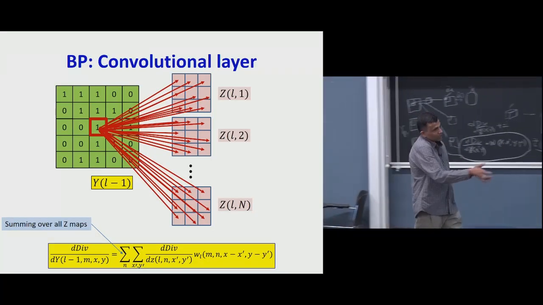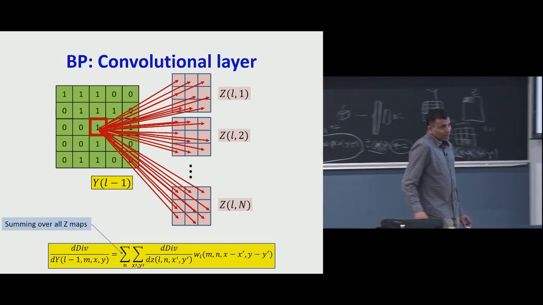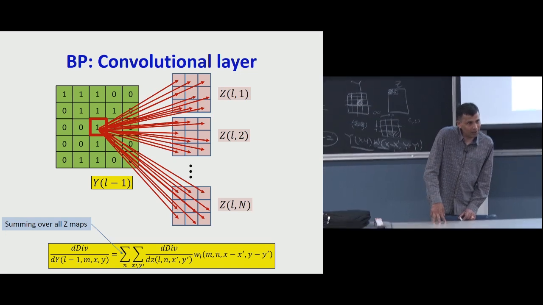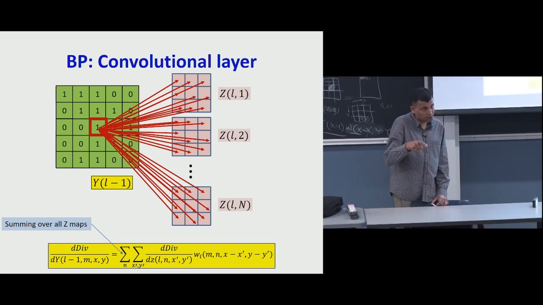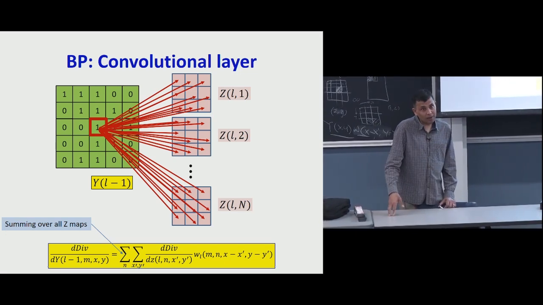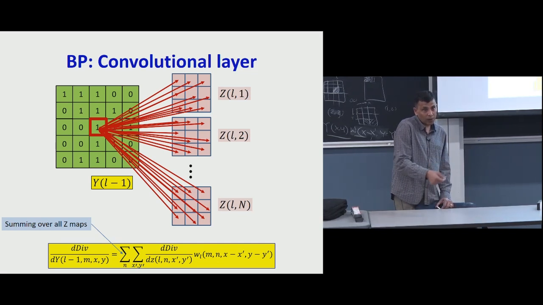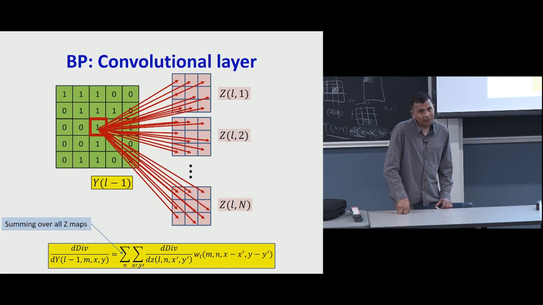If I've computed my derivatives all the way back to z, I can use the derivatives with respect to z to compute the derivative with respect to y by summing over all the maps, all the positions in the map, the derivative of the divergence with respect to z times the weight which connects that z to the y, which could be 0 if the y doesn't contribute to the z, right?